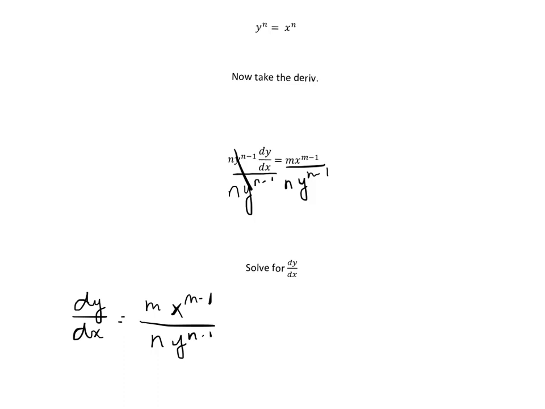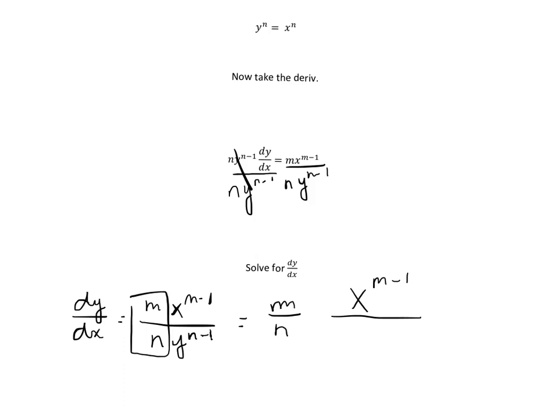So really the derivative is taken already, and as I have said many times in class before, the rest of it is just algebra. So I'm going to separate this fraction of m divided by n, and I'm just going to have the x to the m minus 1 power in the numerator.